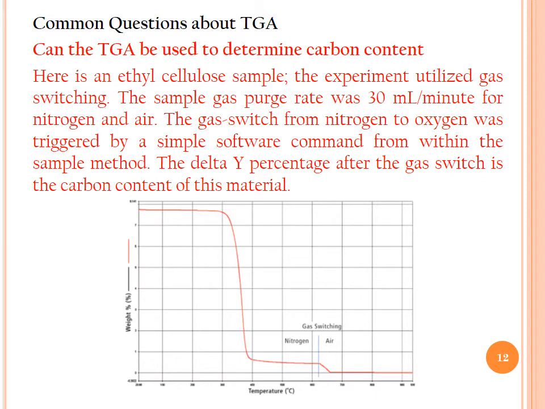From this graph you can easily see there is a loss in weight at around 400 degrees centigrade. The percentage weight loss is shown along the y-axis, while the temperature is along the x-axis. The gas switching from nitrogen is clearly seen from the graph.